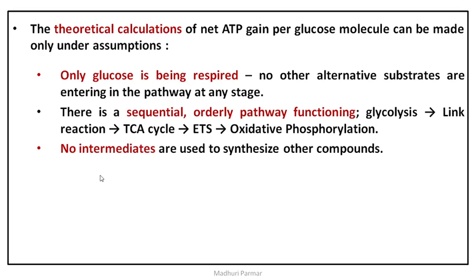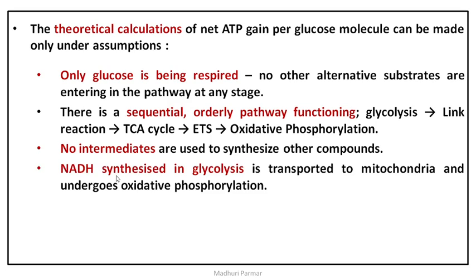Clear? No intermediates are used to synthesize other compounds. So there are many intermediates in the TCA cycle as well as in the glycolysis. So these intermediates are not used to make something else during this calculation. NADH synthesized in glycolysis is transported to mitochondria and undergoes oxidative phosphorylation.